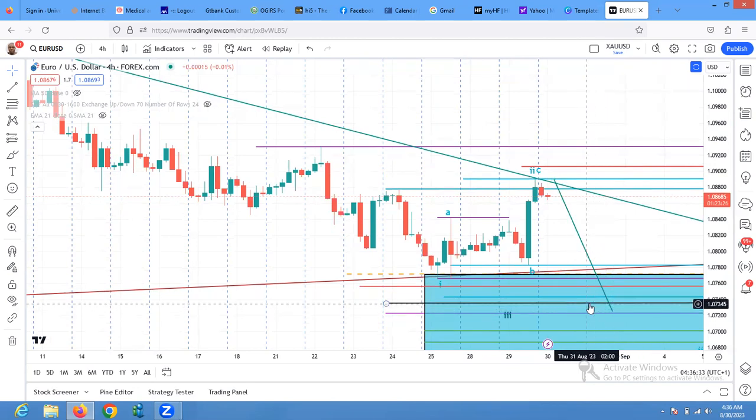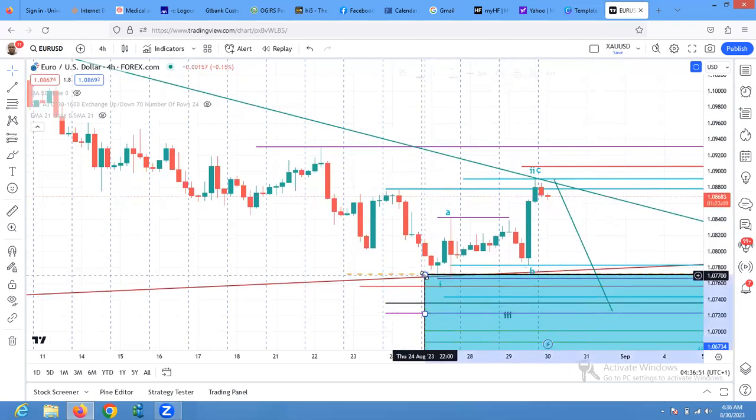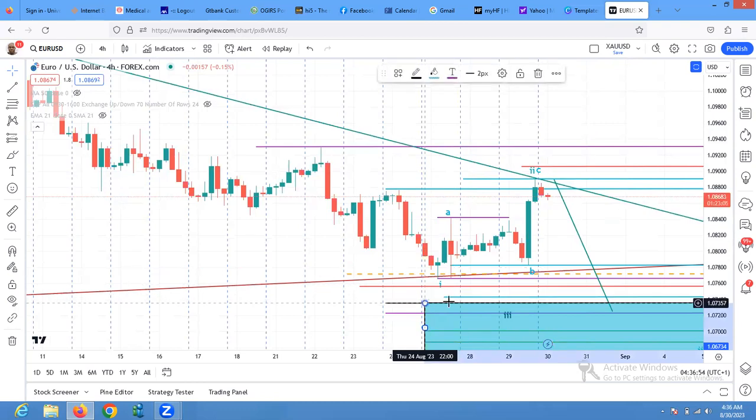So for me, I will still be pitching my tent around 7,300 and 72. Price may break that to the downside and extend a bit. But this now becomes an area for me to be looking for my buy. This becomes the new zone for me to be looking for a buy in case we break down.